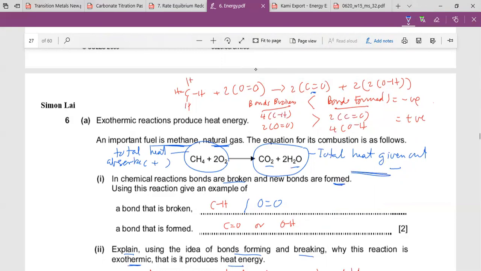If the heat given out is bigger than the heat absorbed, that means the delta H will be what? Negative, isn't it? Because this is the bigger one. If the heat absorbed is bigger than your heat given out, delta H is what? It is positive. So that's the best argument to give you.